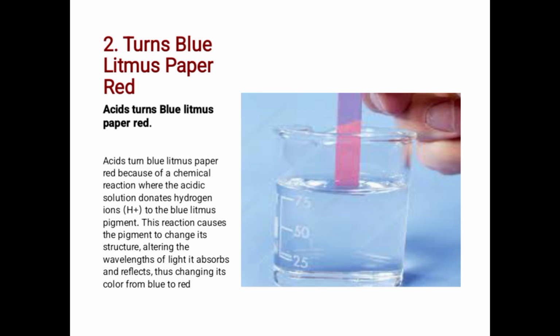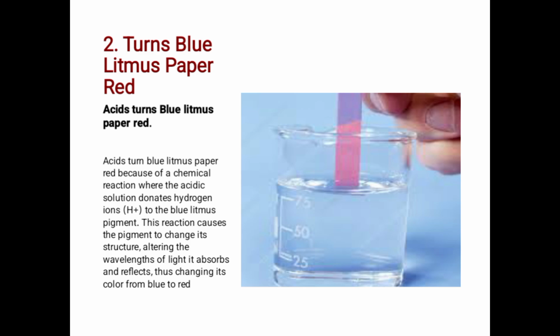So let's look at the chemistry of this. Acids turn blue litmus paper red because of a chemical reaction where the acid donates hydrogen ions to the blue litmus pigment. Most blue litmus paper that you see usually contains a dye or pigment. When hydrogen ion is donated to that blue pigment, the reaction causes the pigment to change its structure, altering the wavelength of light it absorbs and reflects.